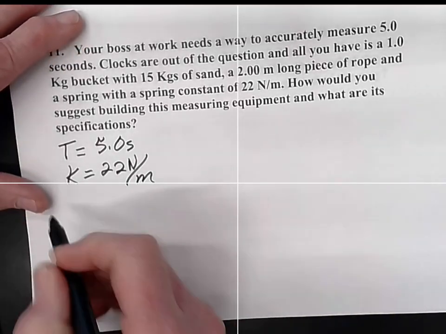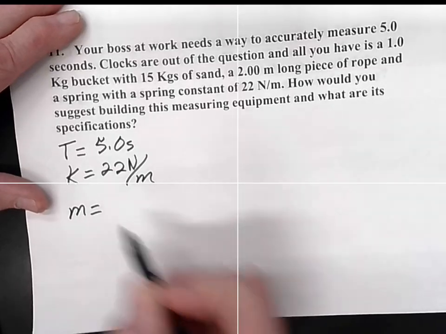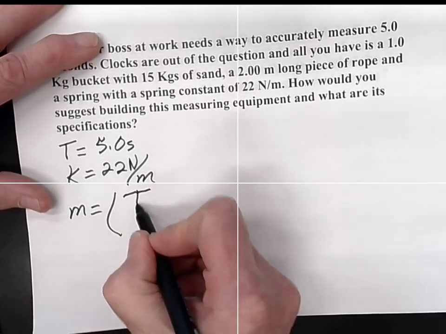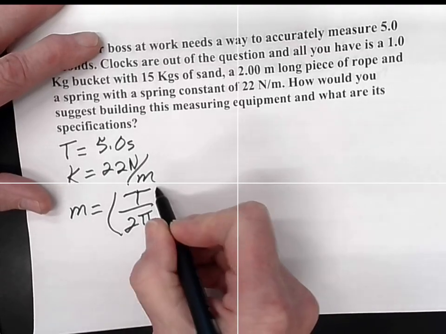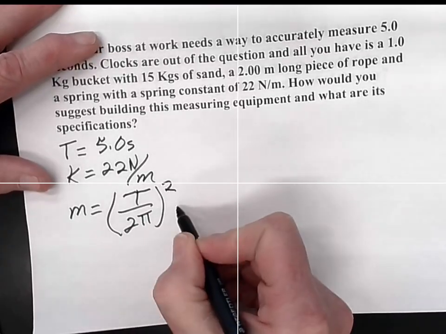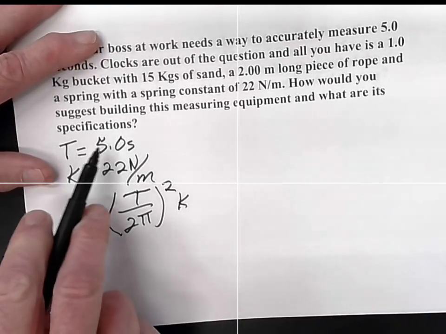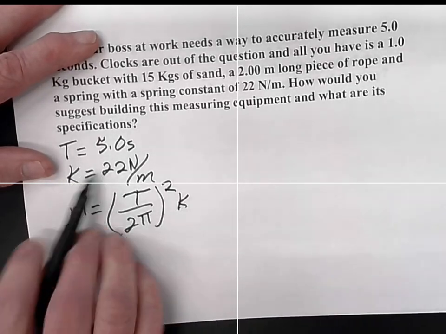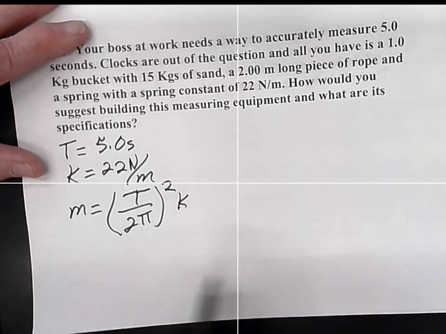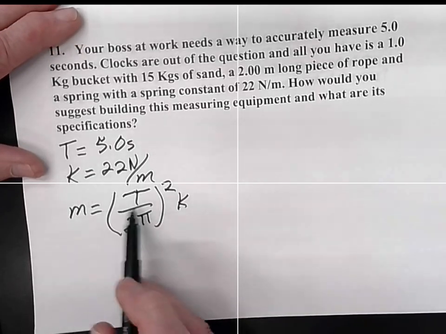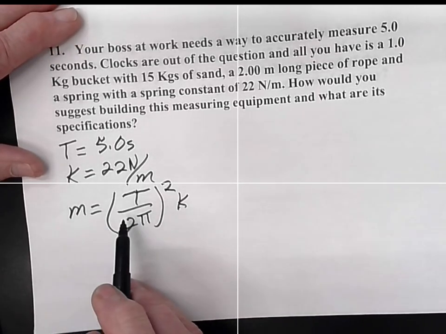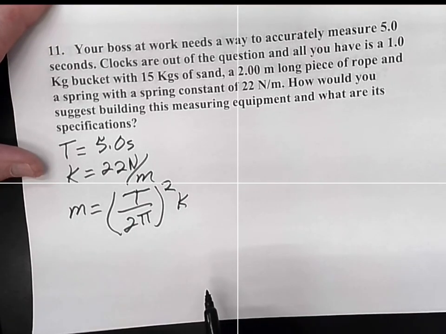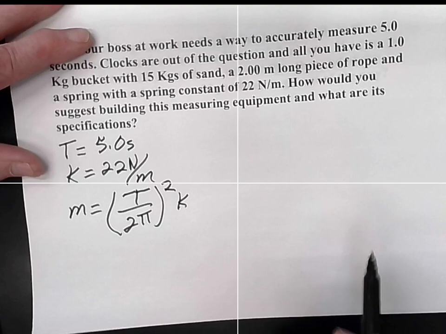So you actually need to solve for M, and M was going to be T over 2 pi squared and then times K. Now notice you've got T there, you've got K right here, and so you have the things that you need, and then you will actually go ahead and solve for M. So you're going to solve for M, and you're going to get a number for M, but that's not the end point here.